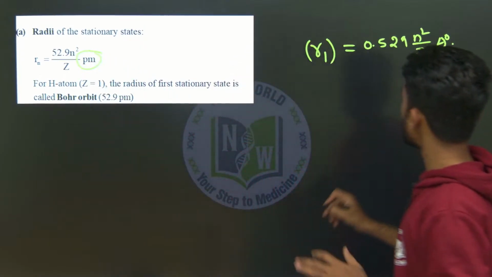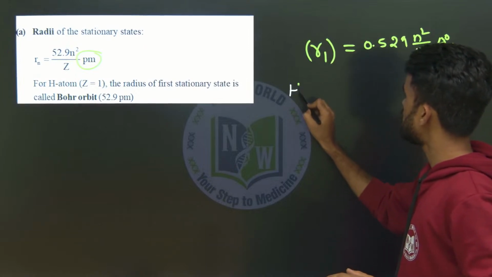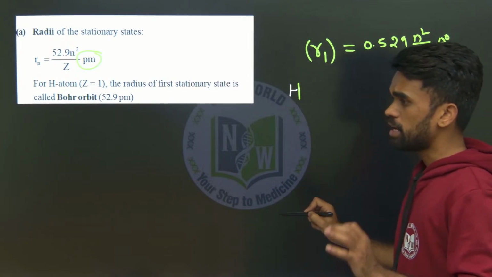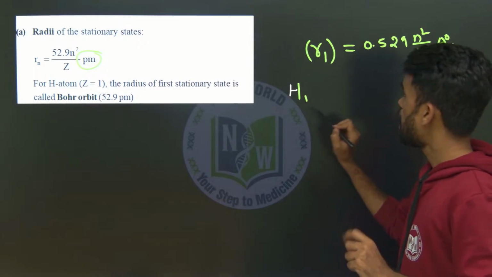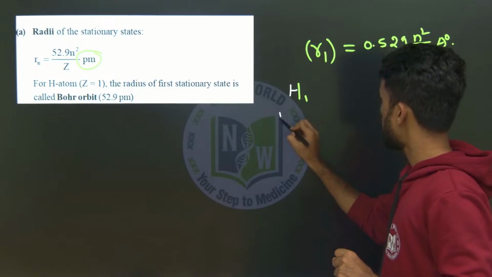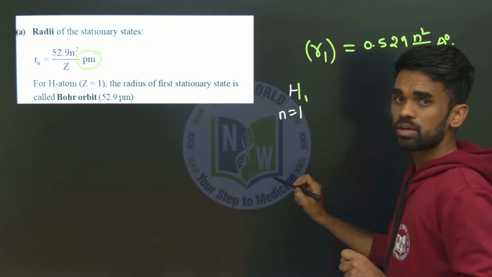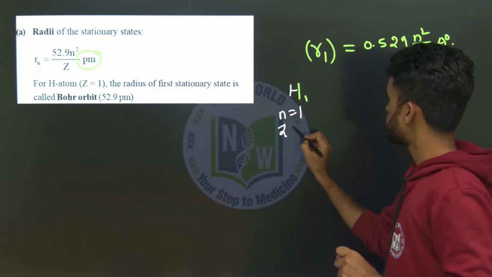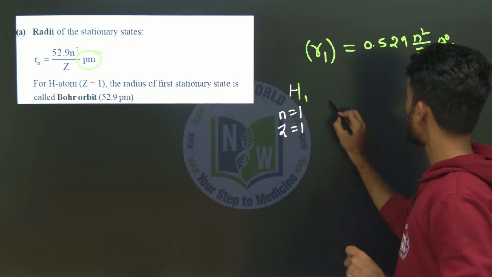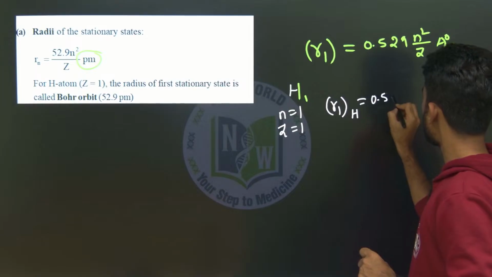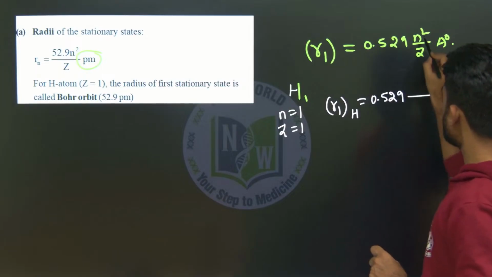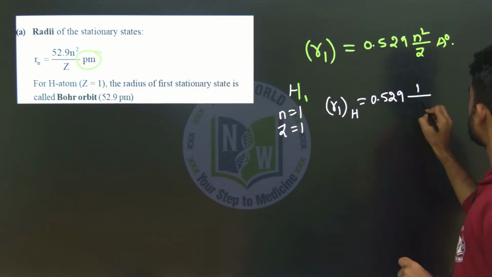Now look at this. I am asking what is the radius of the electron revolving in the first orbit of the hydrogen atom. For the first orbit the n value is 1, and for the hydrogen atom the z value is also 1. Therefore R1 of hydrogen will be 0.529 into n square, where n is 1 and z is also 1.